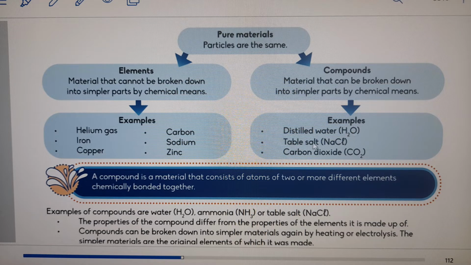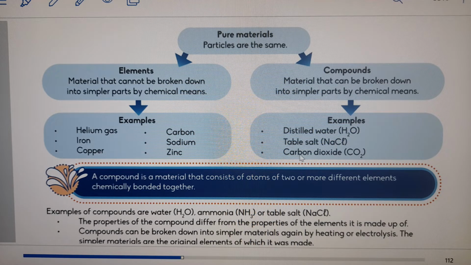Okay, and we have table salt, which is sodium chloride. So we've got one atom of sodium and one atom of chlorine. All these atoms, we find them as elements in the periodic table.